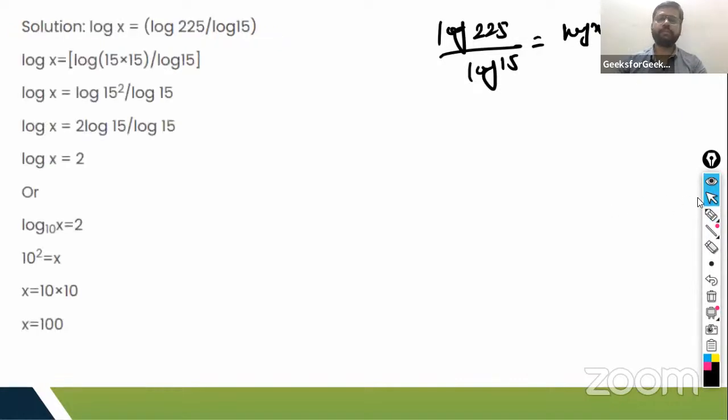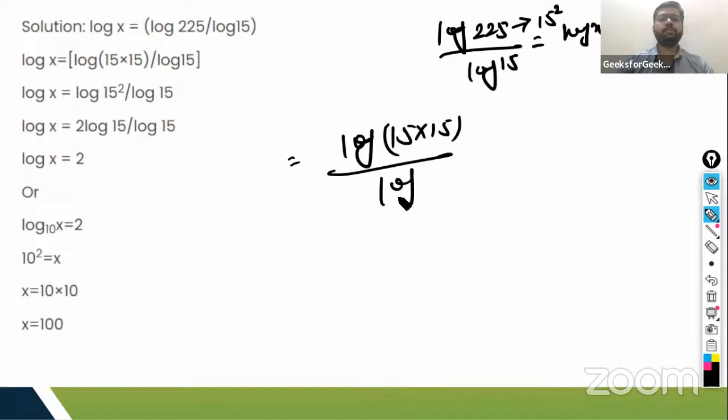I will give you a hint about this. This question was not difficult. So 225 can be written as 15 square. So this can be written as log 15 square divided by log 15 is equal to log x, right?